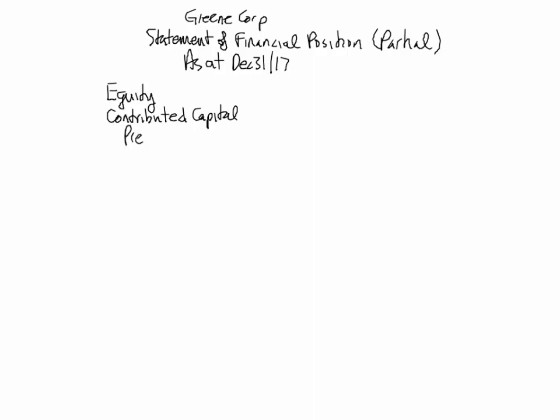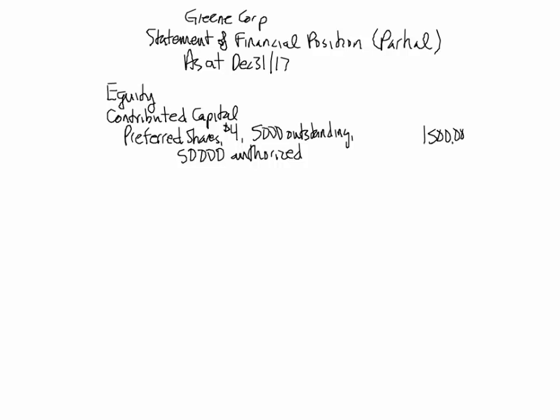And then I'm going to do preferred shares. Remember, I'm going to put the dividend here, right? $4. I'm going to put 5,000 outstanding. And then I'm going to do 50,000 authorized. And then I'm going to do the value, 1,500,000.